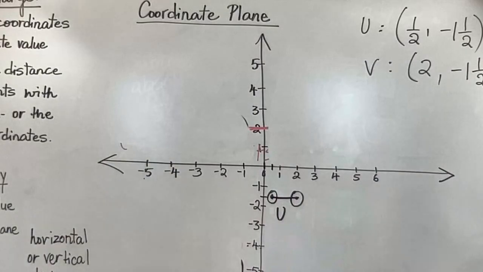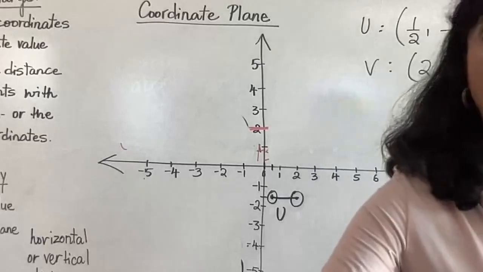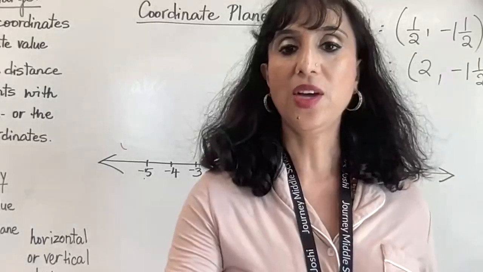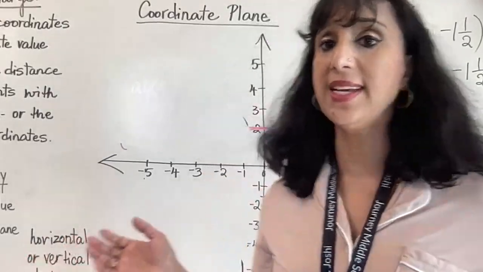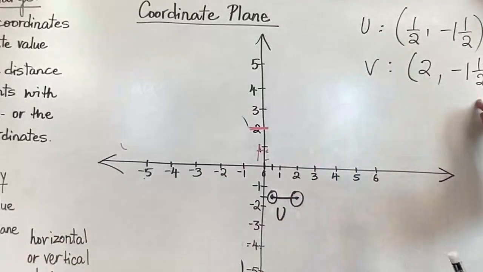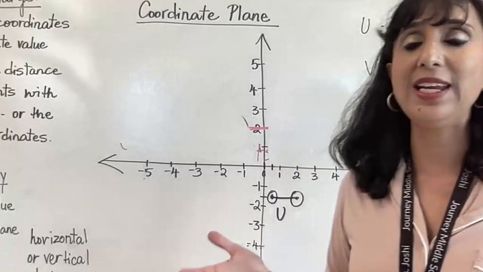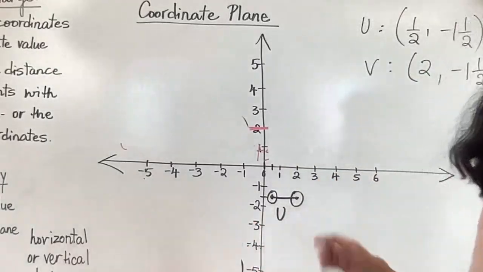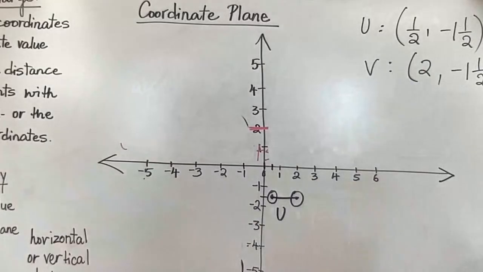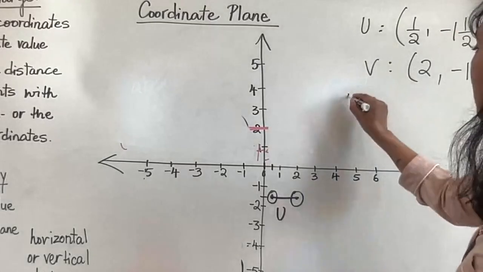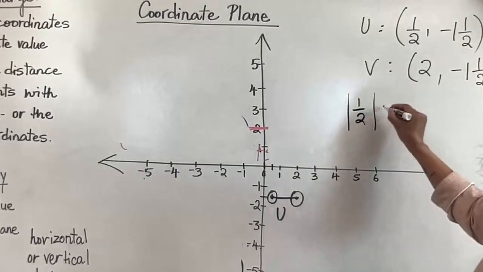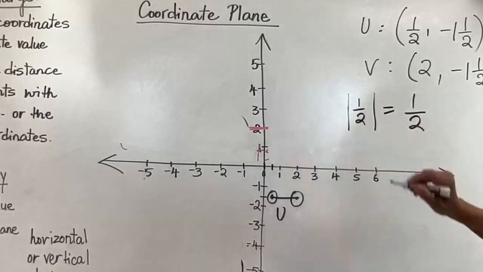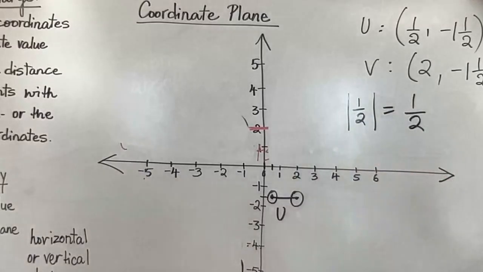So first, as we can see, the y coordinates are the same, both of these. So we're going to find the absolute value of each x coordinate because they are in the same quadrant. What is the absolute value of 1/2? It is 1/2. What is the absolute value of 2?